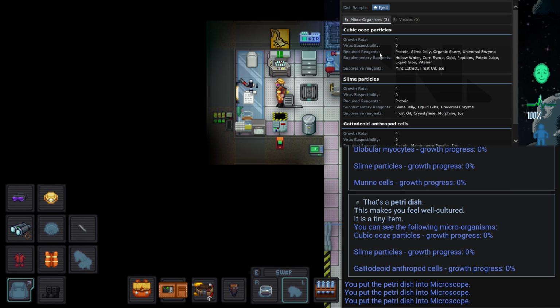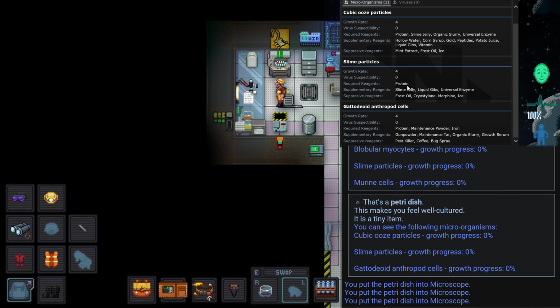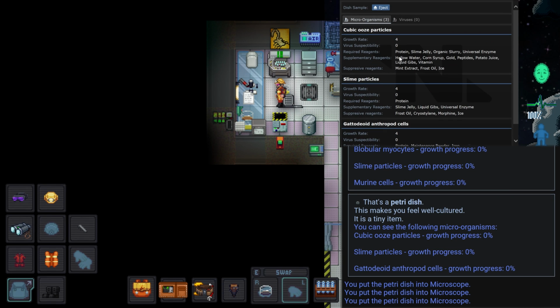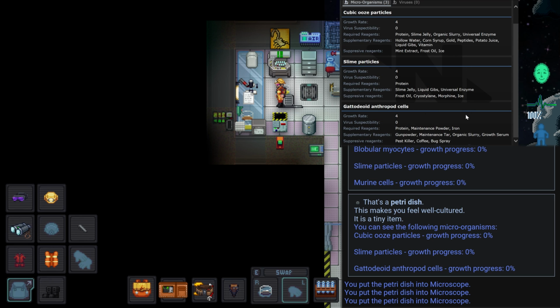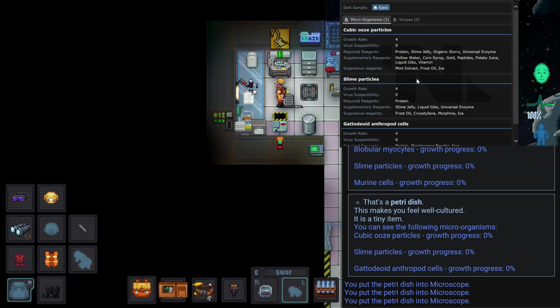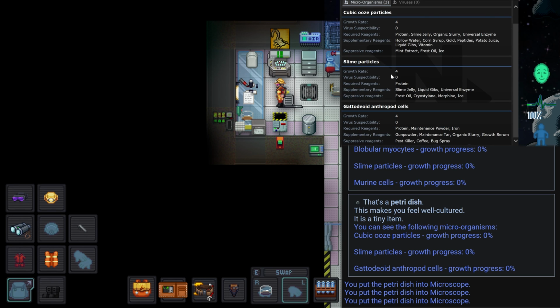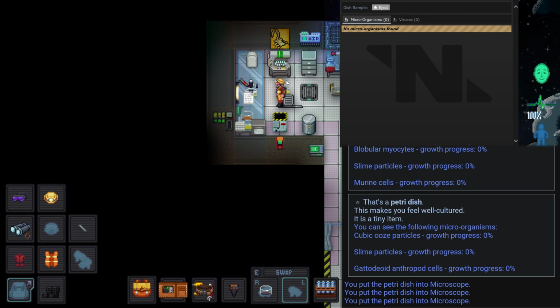But this one is containing the slime particles next to other two cell types, which require a lot of other reagents, which means that if we add just the protein and use this petri dish, we will grow only the slime particles. And that is the perfect petri dish that I want to use to grow slimes.